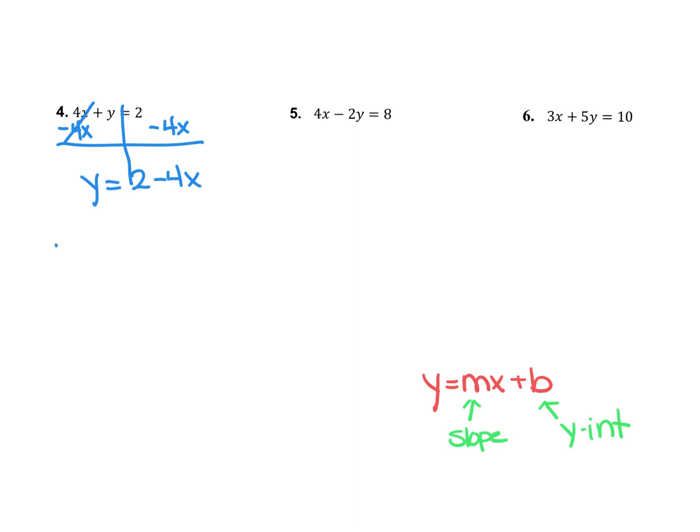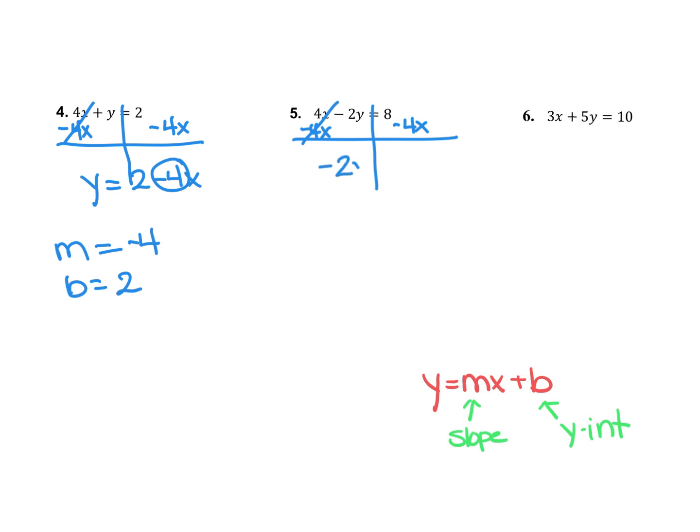All right, so our slope, the number with the x, is negative 4, and our y-intercept here is 2. All right, for number 5, again, we need to isolate that variable. We have to get the y all by itself. So we're going to start by moving over and subtracting 4x.